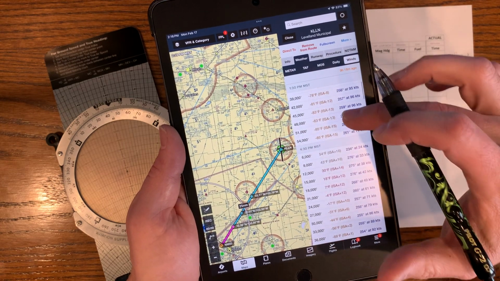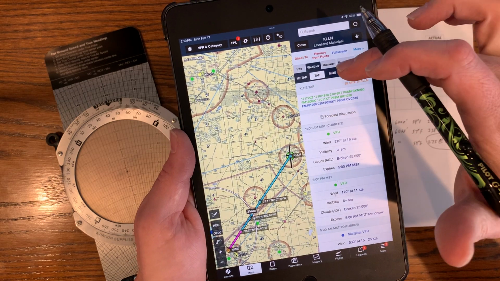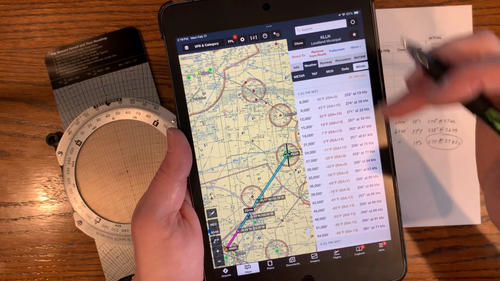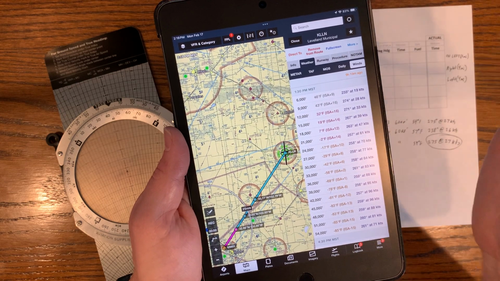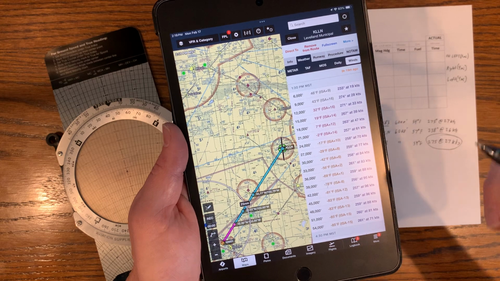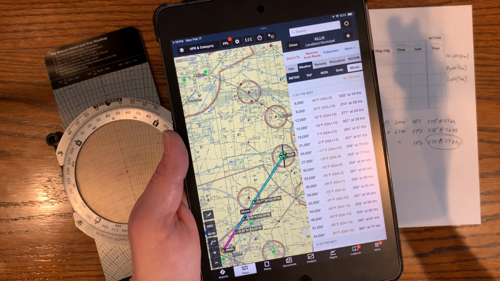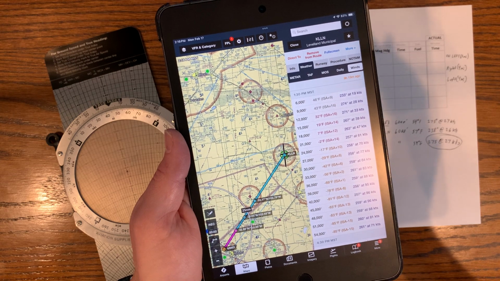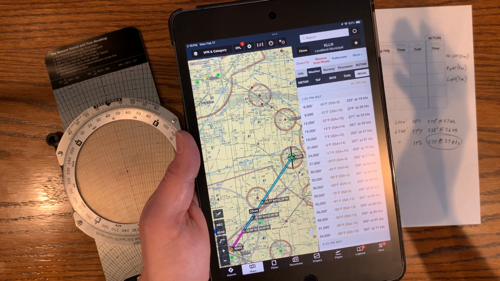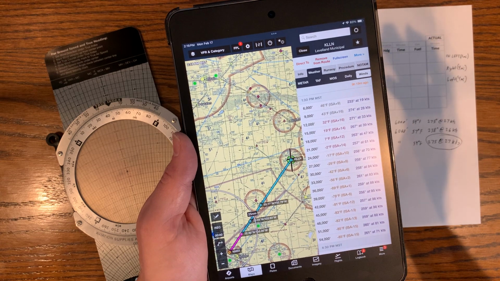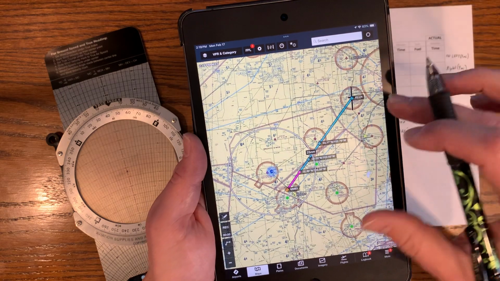So weather reports that are written, like the METAR and the TAF, are true north references. The degrees are a reference to true north. If you hear it, it's not. If you hear it on the AWOS or the ATIS, it's referencing magnetic north, not true north.